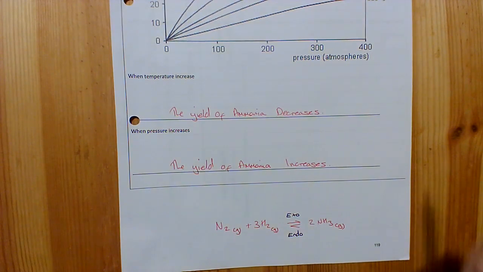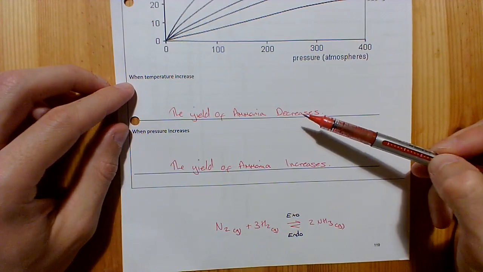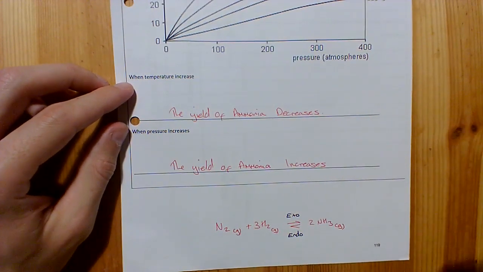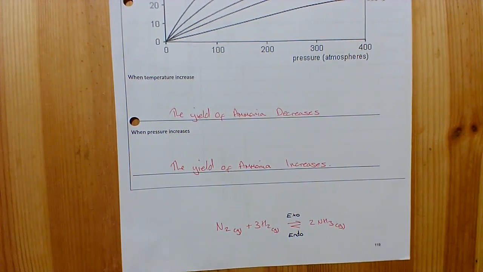So we've said that when temperature increases, the yield of ammonia decreases. Well, that's because when we increase temperature, it favours the endothermic reaction to decrease the temperature. And the endothermic reaction is the backwards reaction, which means more ammonia is going to be broken down into nitrogen and hydrogen. So that makes sense.